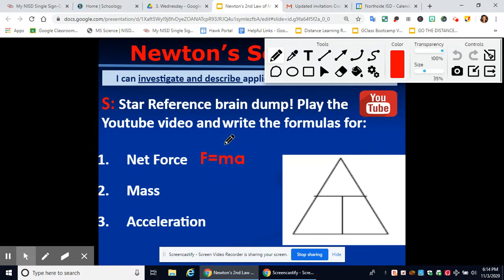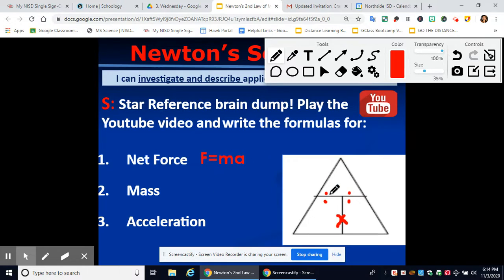If we take this formula, net force equals mass times acceleration, we can use a formula triangle to get a formula for mass and a formula for acceleration. When you draw the formula triangle, you're going to put a T in the middle of it. Remember, multiplication always goes across in the formula triangle, and division goes up and down.